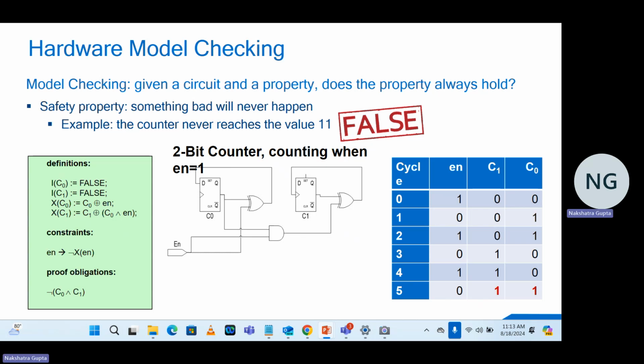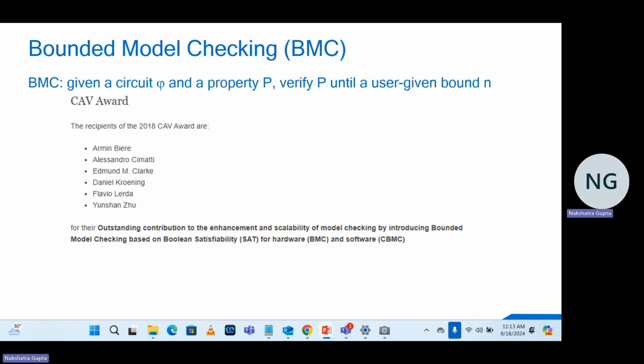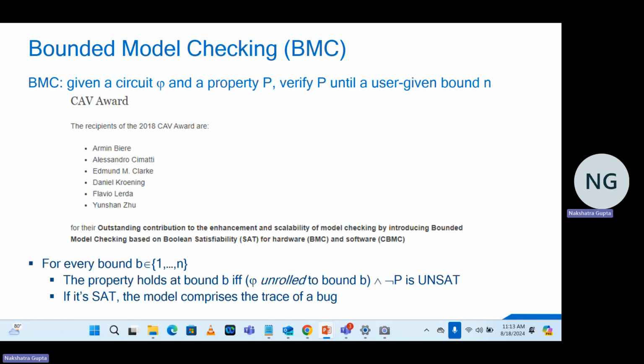So how can we solve this kind of logical problem with a SAT solver? There is the bounded model checking procedure, which is very popular and still widely used by industrial hardware validation tools, because it can handle very large and complex circuits, unlike complete model checking techniques, which are also very useful for smaller circuits.